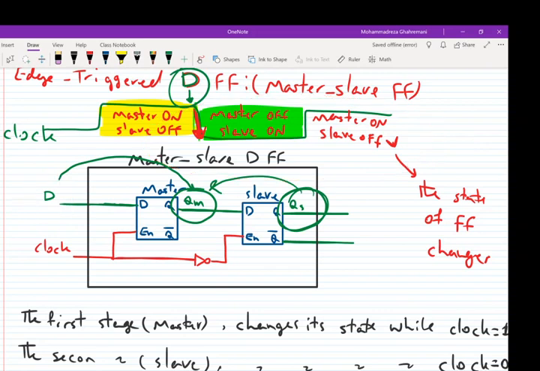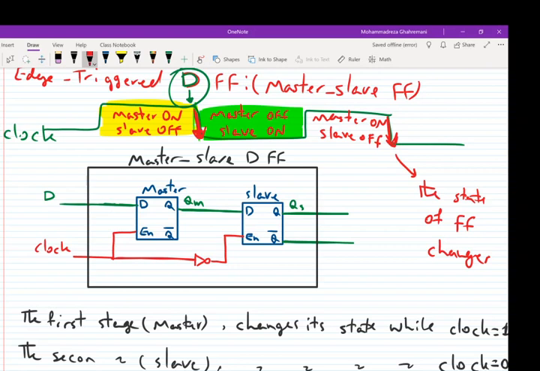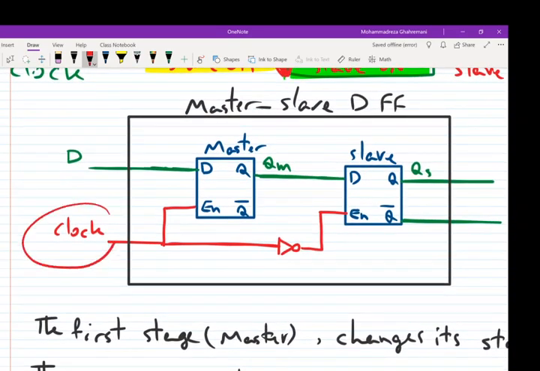So this is a master-slave D flip-flop, and this is how it works. By the way, if we look at this circuit, we see that this flip-flop is falling edge sensitive. At falling edges, the value of the flip-flop is updated. If we want a rising edge sensitive flip-flop, or let's call it a positive edge triggered flip-flop, we need to flip the clock.